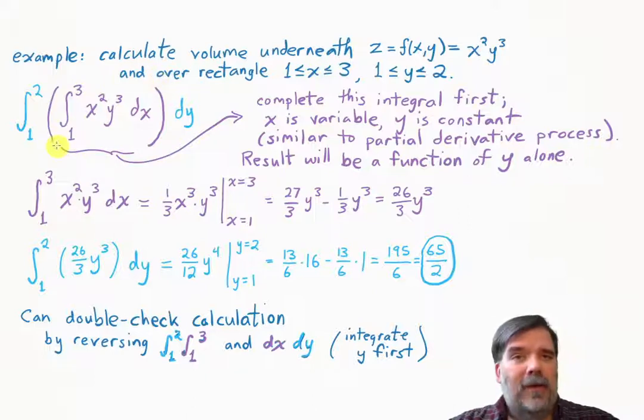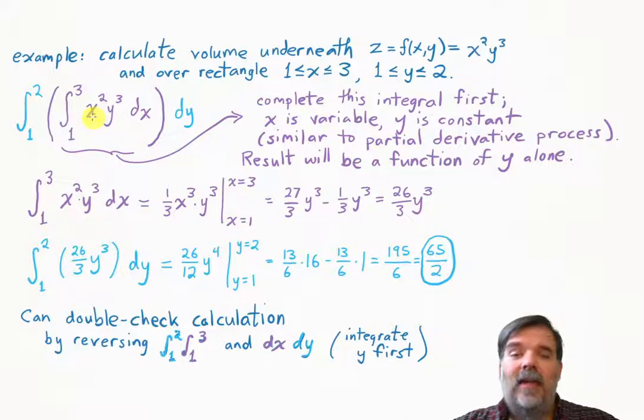Now, we have to respect the order of operations no matter what we're doing. So this inner integral, we must calculate this first. Now, within this integral, the dx indicates that x is being treated as a variable, and we should think of y as a constant. This is very similar to what we did with partial derivatives. So here, we're integrating the function of x squared times a constant.